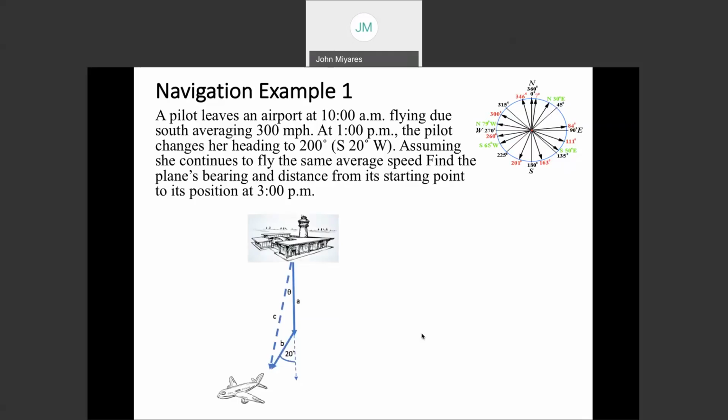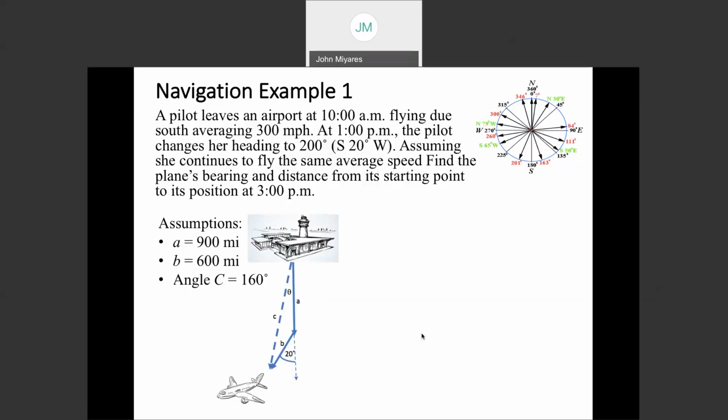So we're told that for segment A, we're traveling due south at 300 miles an hour for 3 hours, which means that we've traveled a total distance of 900 miles. Similarly, we're assuming that we're still flying the same speed for 2 additional hours after making the 20-degree turn, which gives us side B having a length of 600 miles.